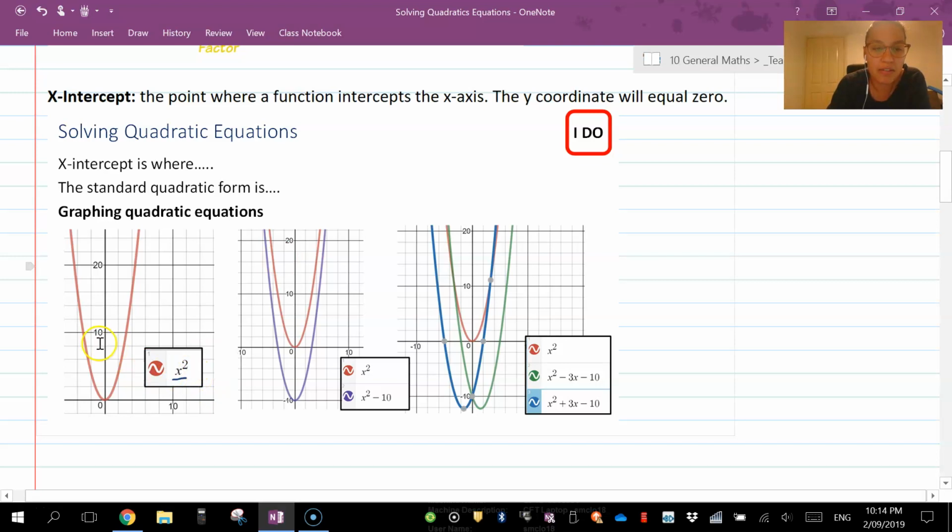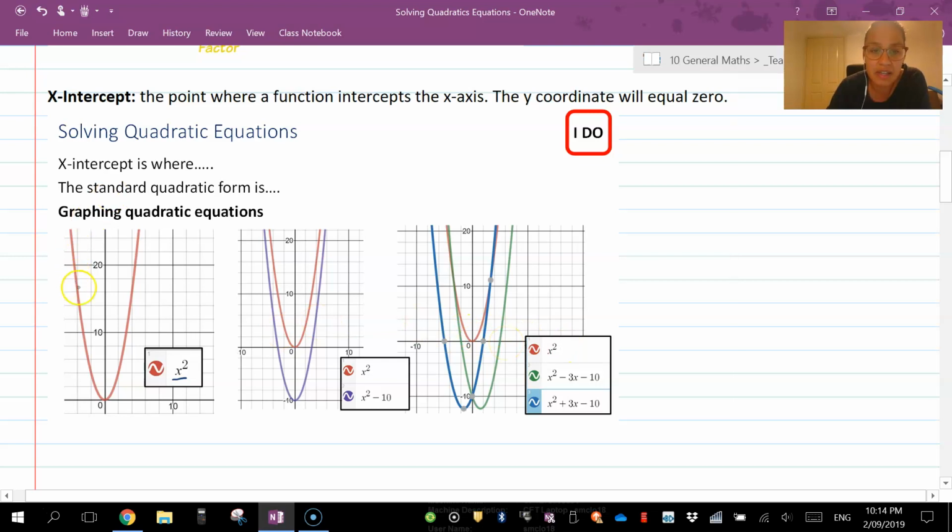So here we have it. This one here is x squared. You can see here, this purple one represents this colored here. You see how there are different changes. As you move the quadratic functions around the Cartesian plane, depending on what it says in the expression, you'll see that there are different points where they intercept the x-axis. That's your x-intercept.